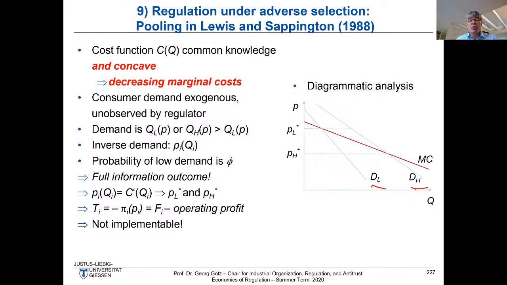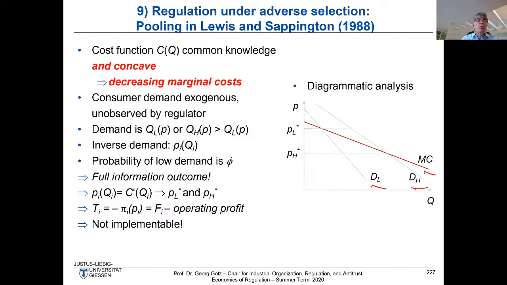These are not completely irrelevant in terms of, say, the network industries we have. Typically, we don't have downward sloping marginal costs, but downward sloping average costs. But if you buy some services from such network industries which have some kind of break-even constraint, your price schedule might even look like this here.